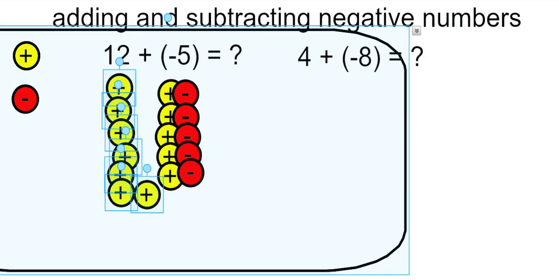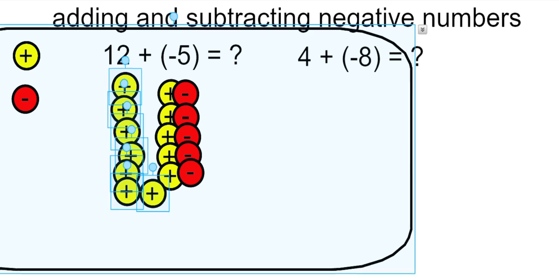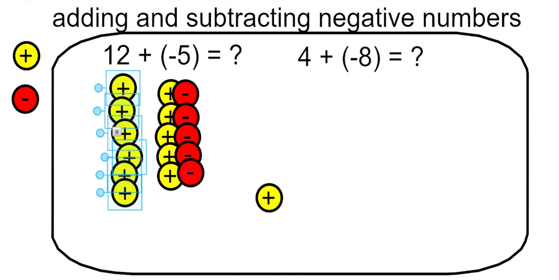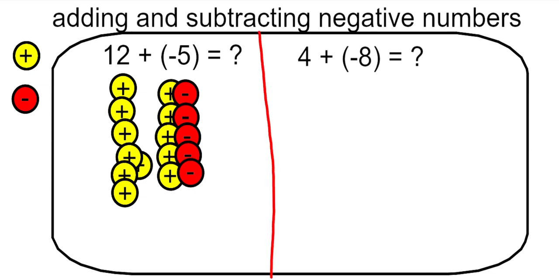Let's move to the other side of the screen. Sorry about that. Let's move these, and only these, to the other side of the screen. All right. And now let's go ahead and separate these two out again. So we have two separate problems here. I have a positive 4 and a negative 8. I need to start with my positive 4 because that's what I'm told to start with.